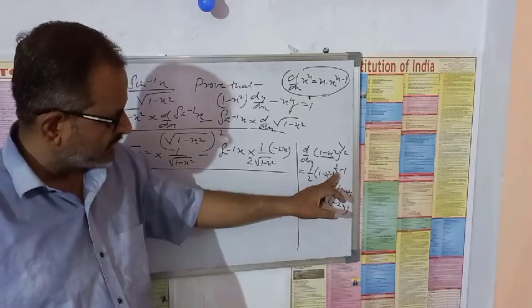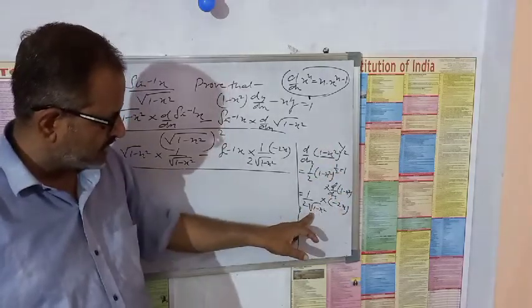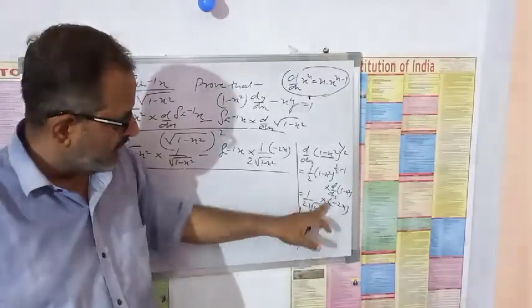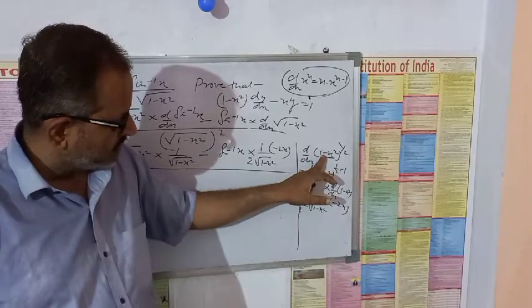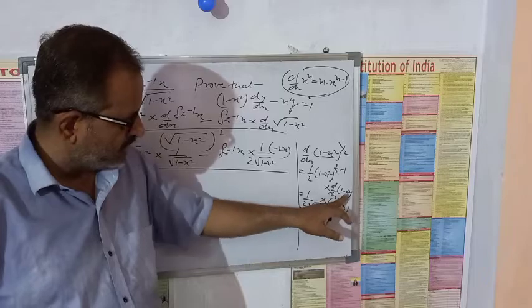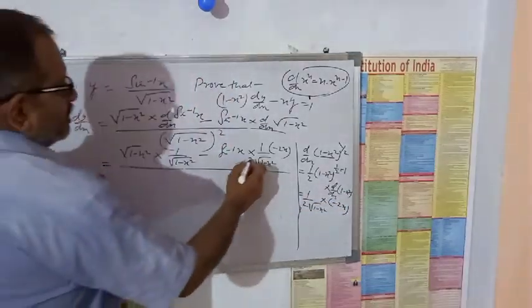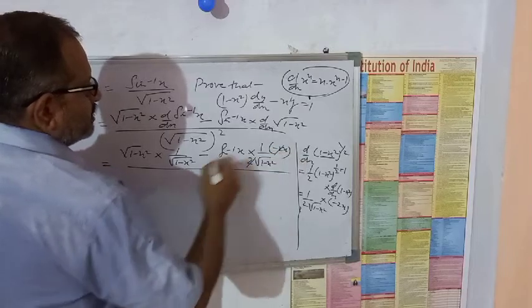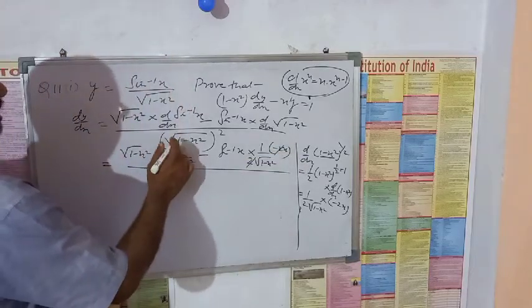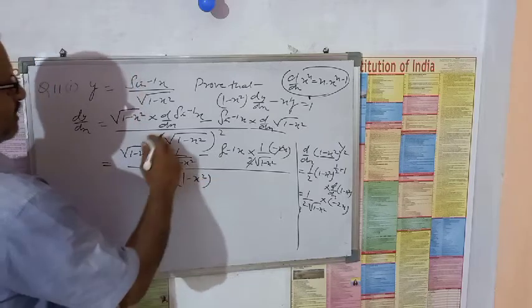When we subtract, it will come minus 1 by 2. Take it downside, it will be plus 1 by 2, which can be written inside the root. And after that, we have to differentiate 1 minus x square. 1 derivative is 0, x square derivative is 2x. So these two cancel with 2. Under root 1 minus x square whole square. So we can remove the sign of root.